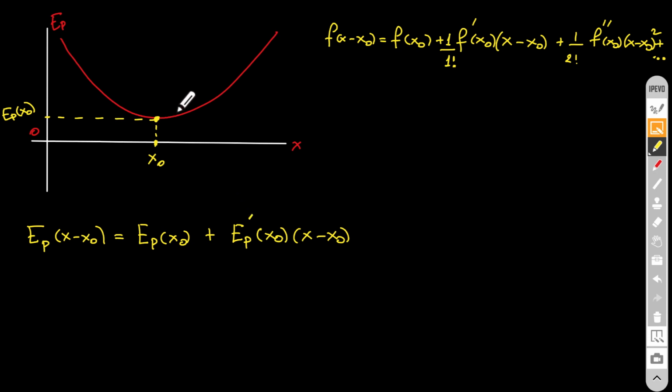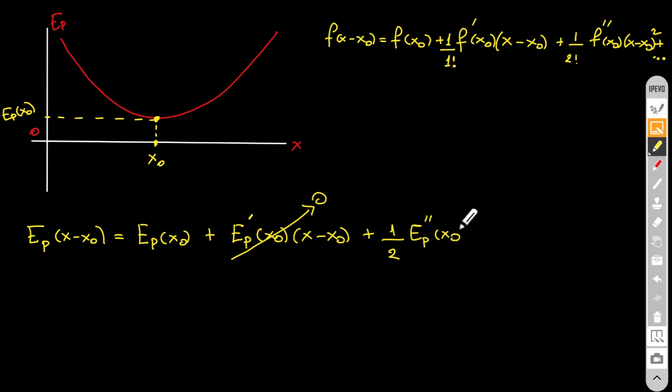When you have a graph, the derivative essentially is the slope, and you can see the tangent to the curve is completely horizontal, so the slope at x naught is 0, and that's why this second term goes away.